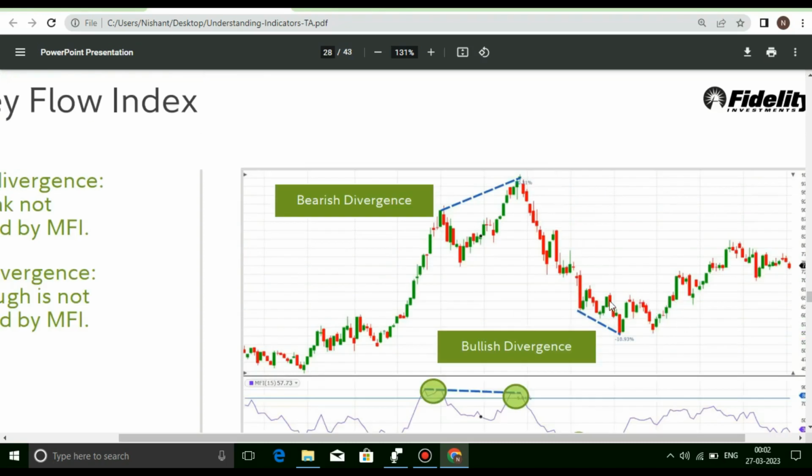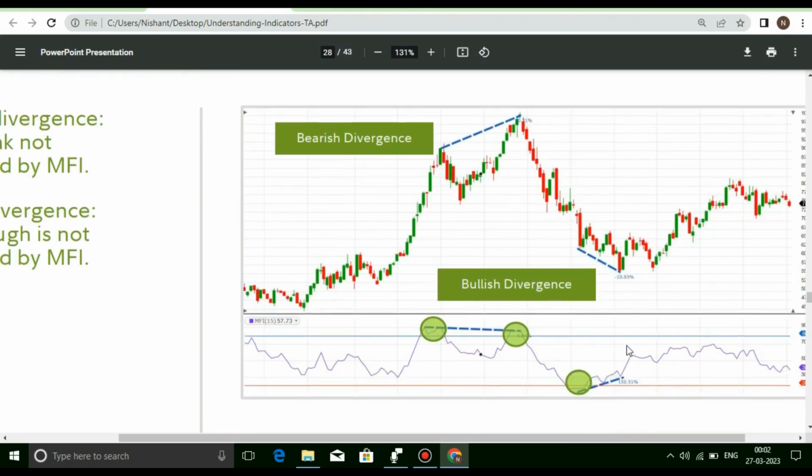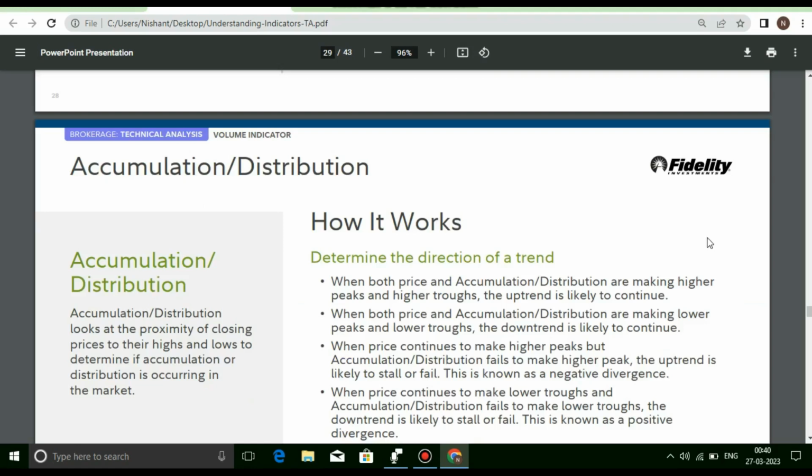Okay, and this one is the bullish divergence, because the price is going downwards and the MFI indicator is going upward. If the MFI indicator goes upwards, eventually the price will also follow this action. So that's why this is a bullish divergence and this is a bearish divergence. You can see here the bears have got very high, and here the bulls have got very high eventually.